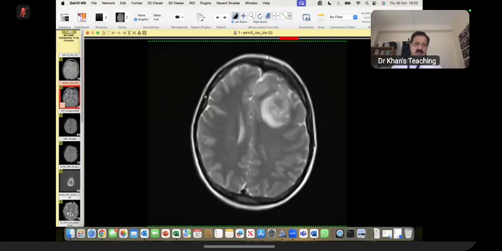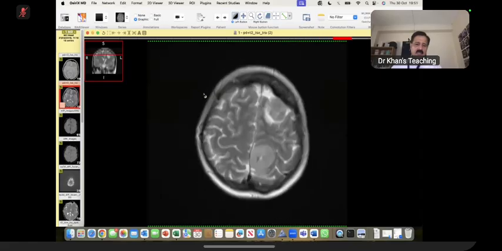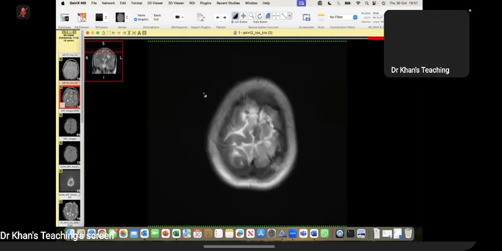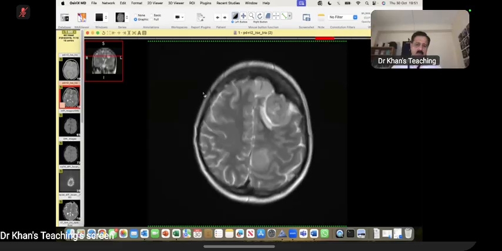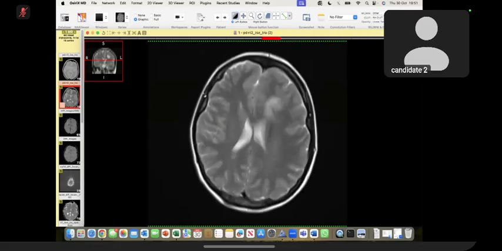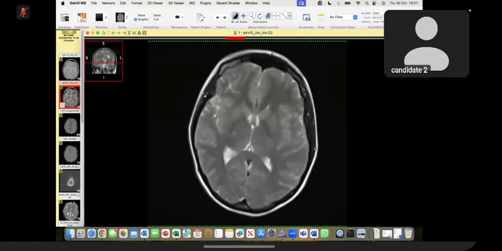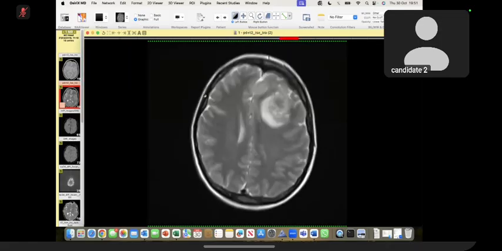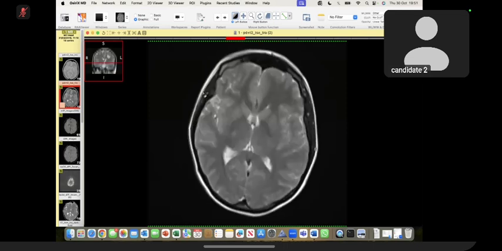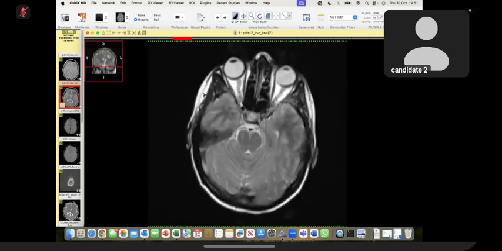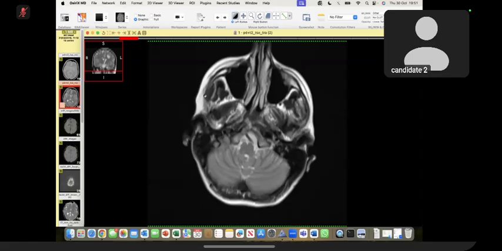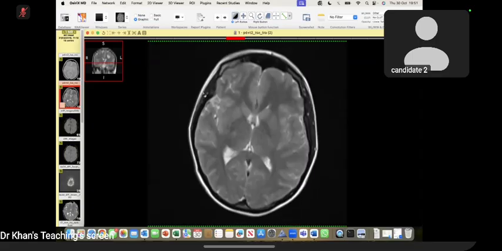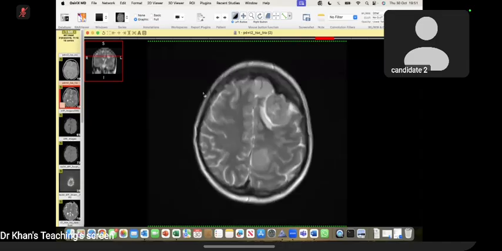So now I have given you a T2 weighted MR, sir. I'm just scrolling it for you. So I can appreciate a surrounding CSF cleft around the larger ones on the left side. These infratentorial lesions are noted.